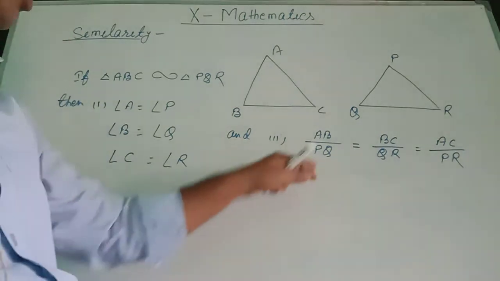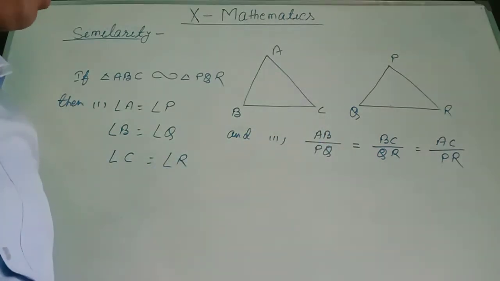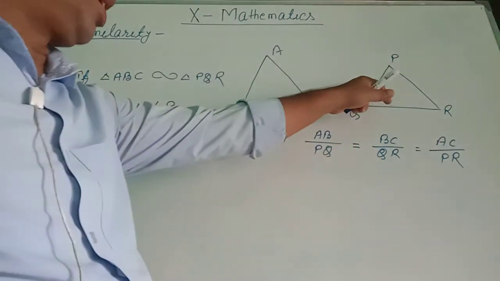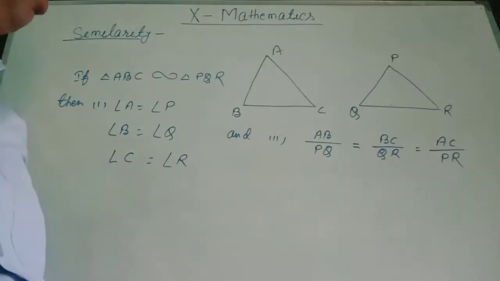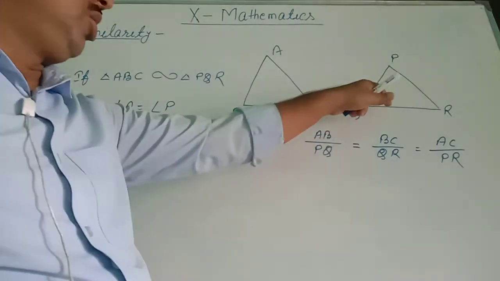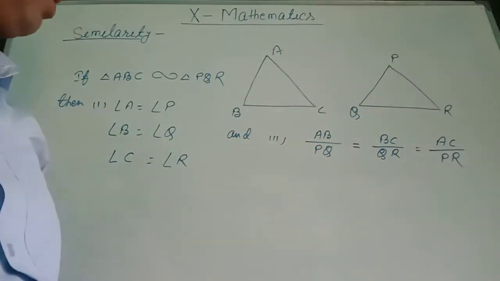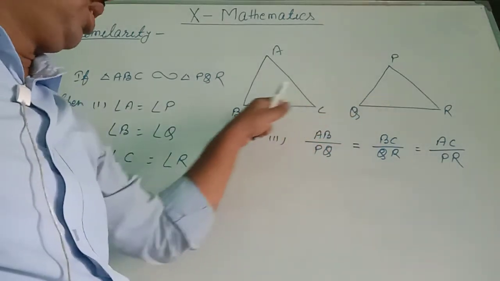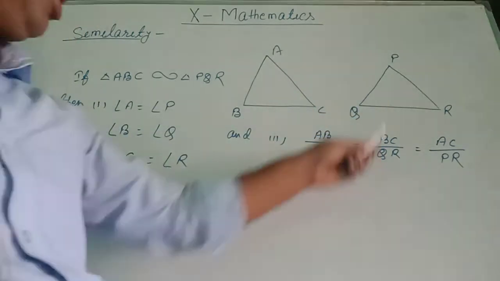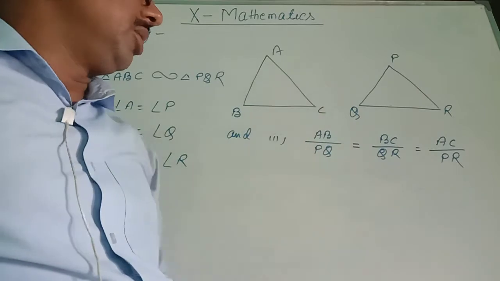Similarly, we can identify the corresponding sides. If you keep triangle PQR above triangle ABC, PQ will lie upon AB, QR will lie upon BC, and PR will lie upon AC.